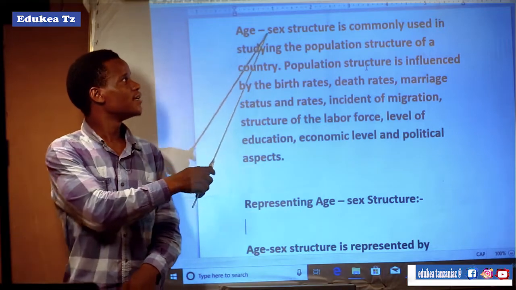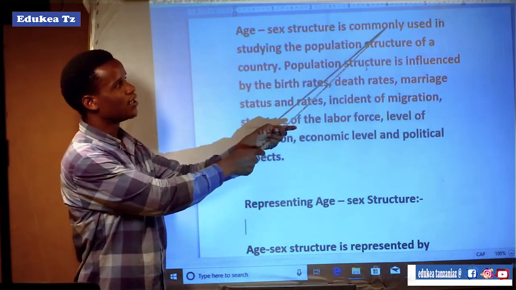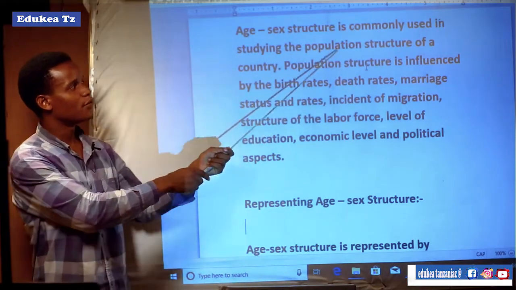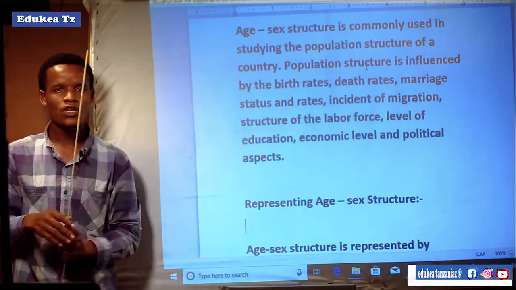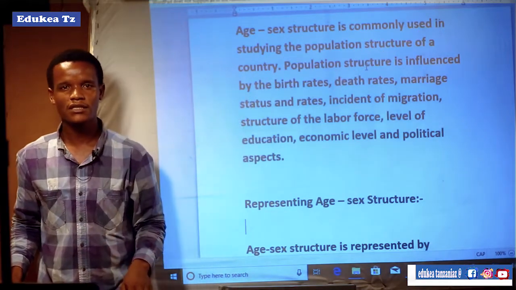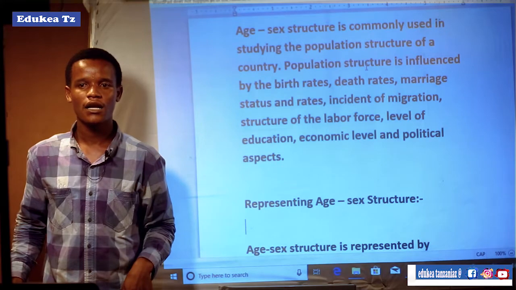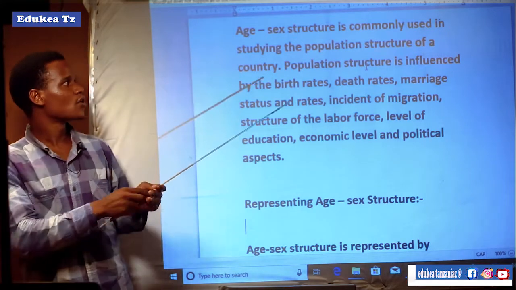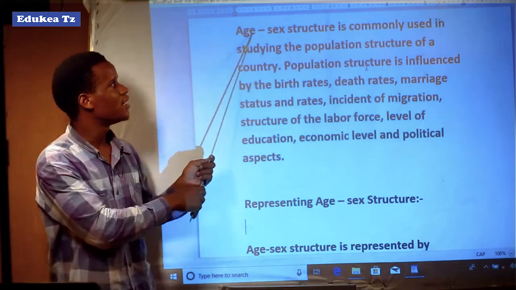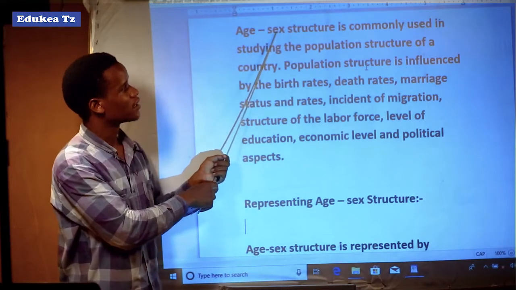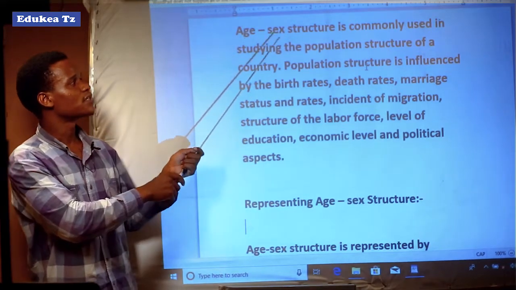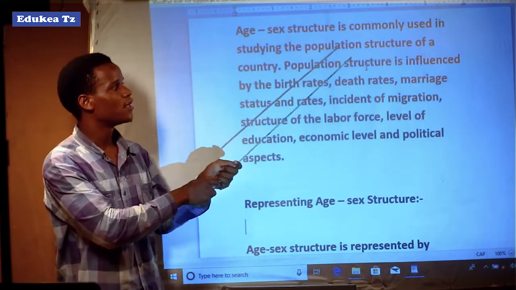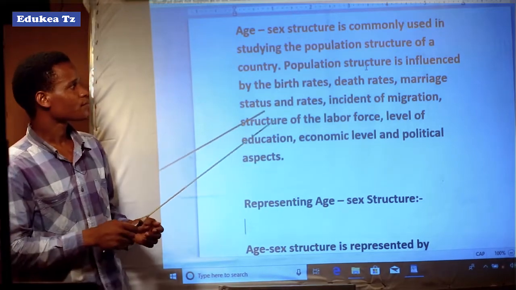In order to study the population structure of a certain country, one must consider these two things: age and sex. These are considered in studying the population structure of a certain area.